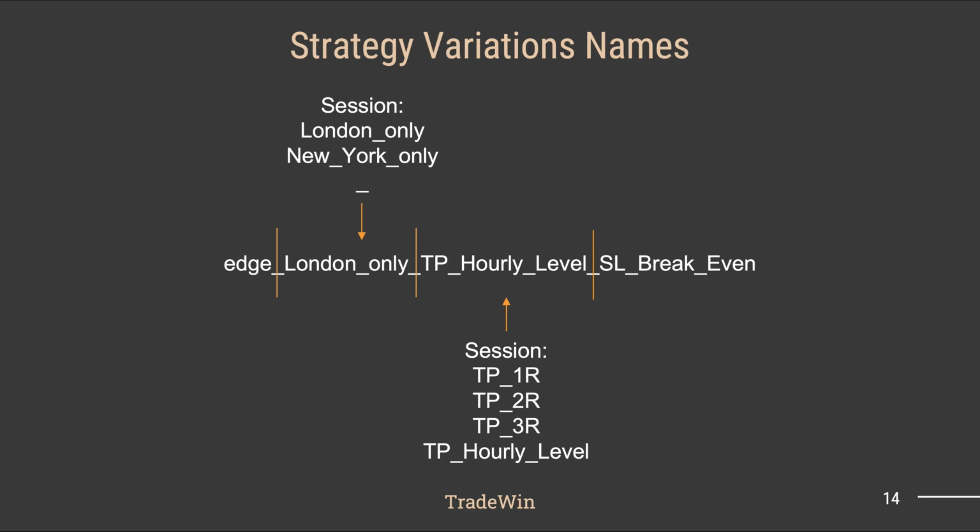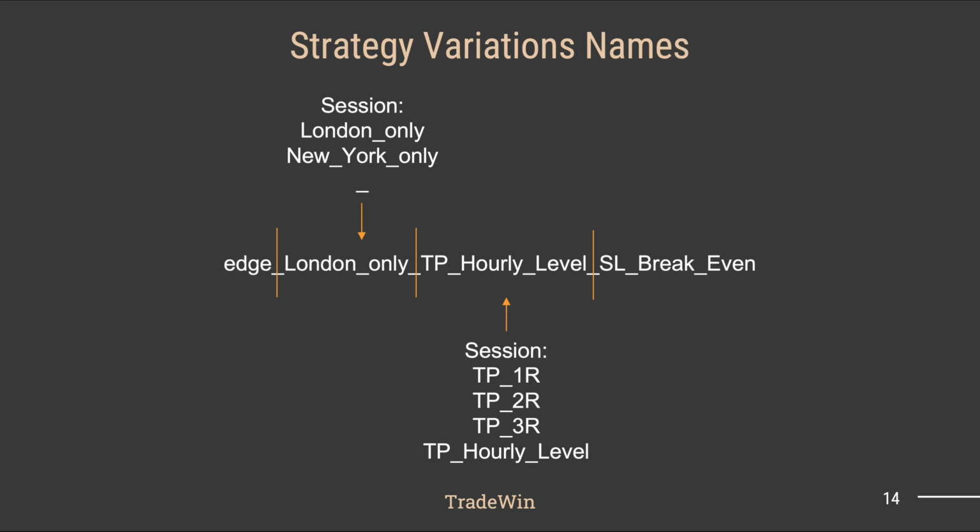The TP stands for take profit. It corresponds to the take profit condition, either 1 R, 2 R, 3 R, with R the risk you take per trade. A very important thing here: TradeWin never computes anything based on percentages or dollar amounts, okay?